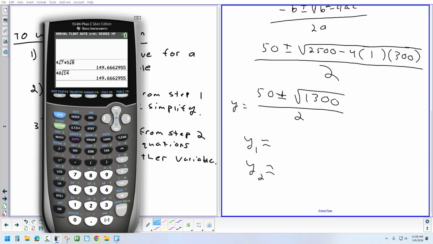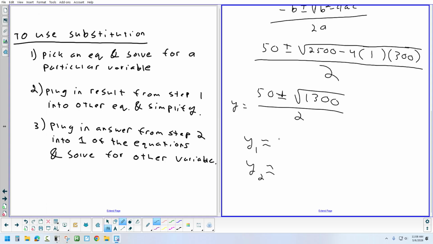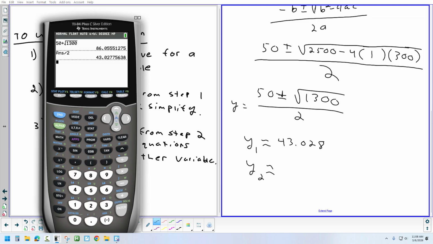So let's type this in. So we've got 50 plus the square root of 1,300 divided by 2. And that gives me 43.028. Okay, now I'll do the same thing again, except I'm going to do minus instead of plus.